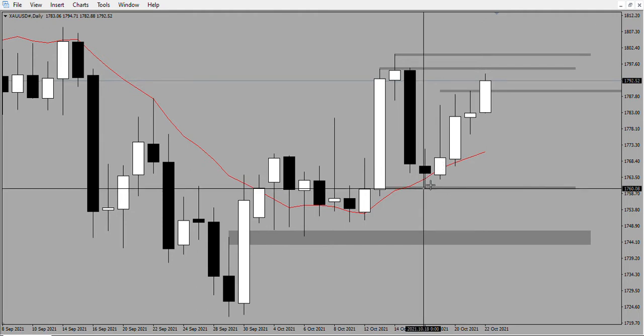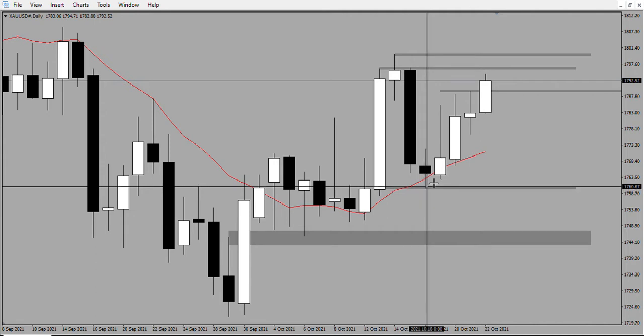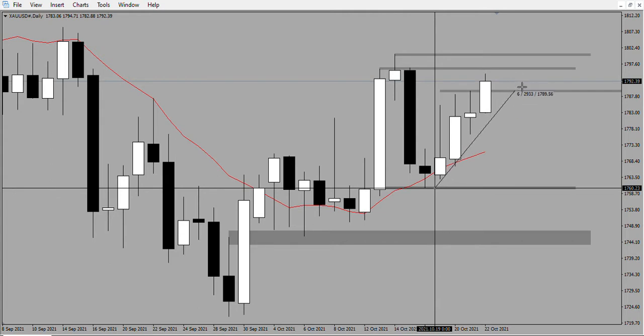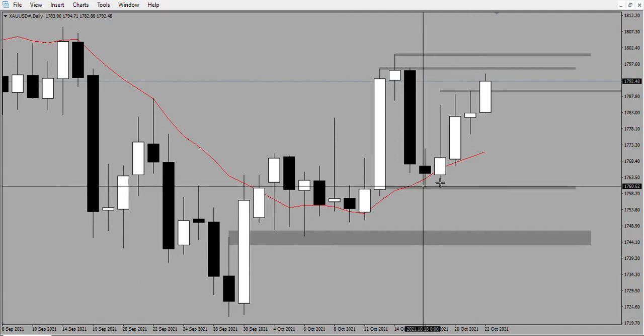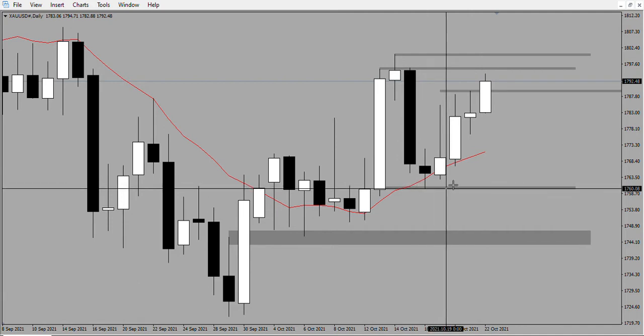On Monday, gold was trading at 1760. Currently, price is at 1792, so it's up significantly, roughly around 300 pips, which is a good trading week basically.